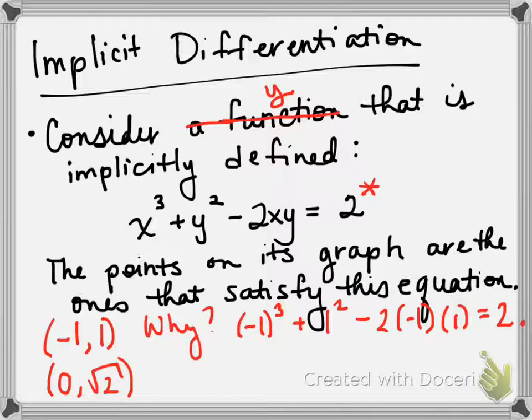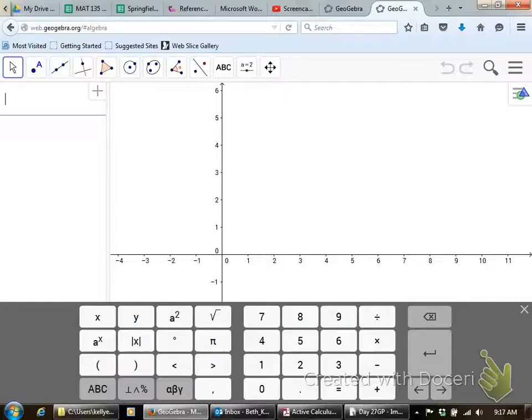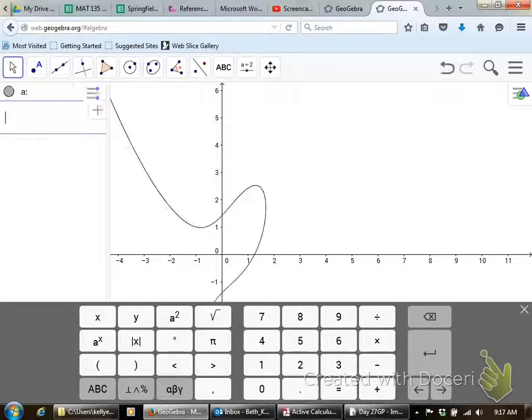Now let's graph our equation and see what the graph looks like. We want to graph x cubed plus y squared minus 2xy equals 2. Okay, there's our graph.